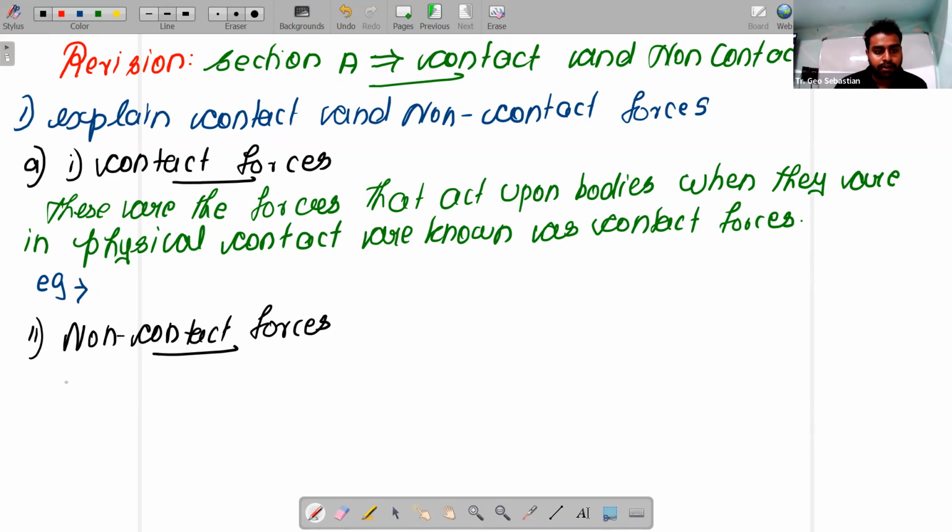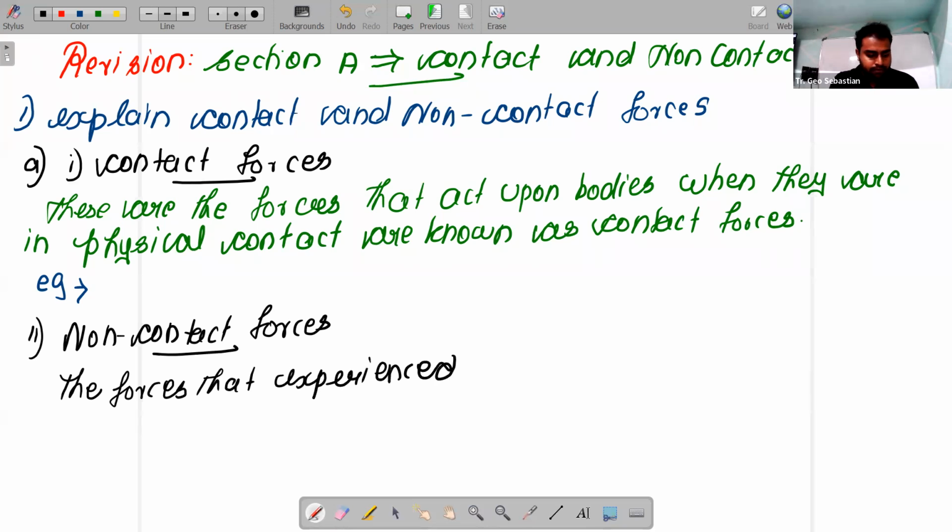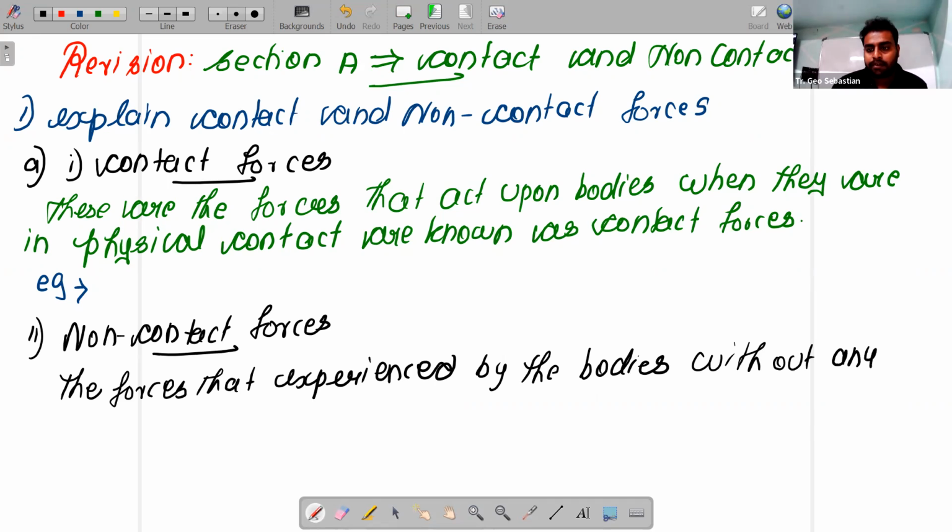The forces that are experienced by the bodies without any physical contact. So these are non-contact forces.